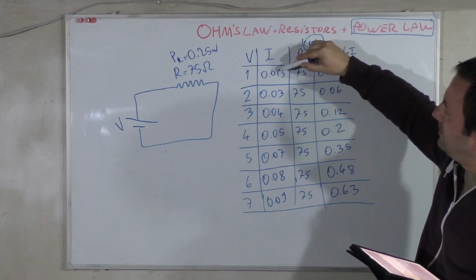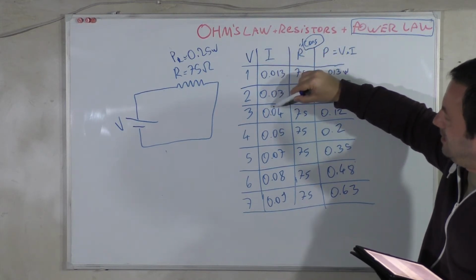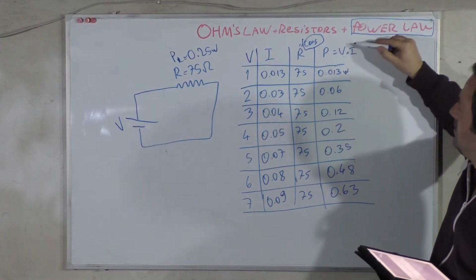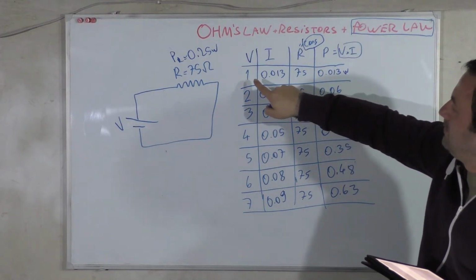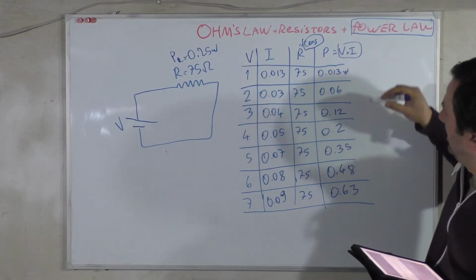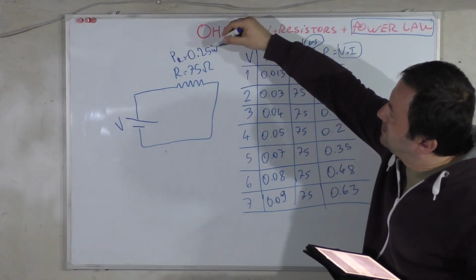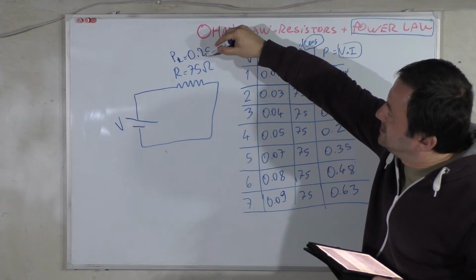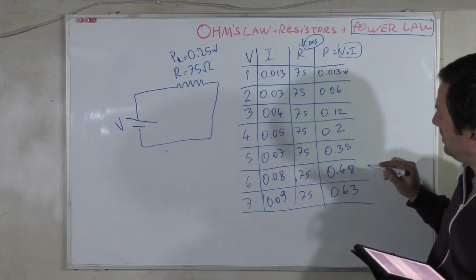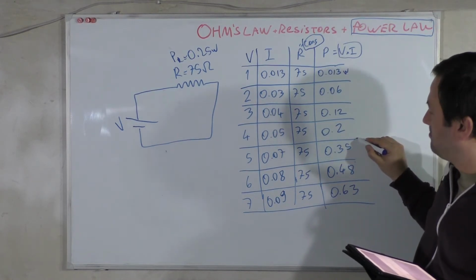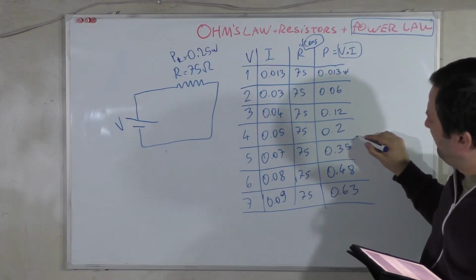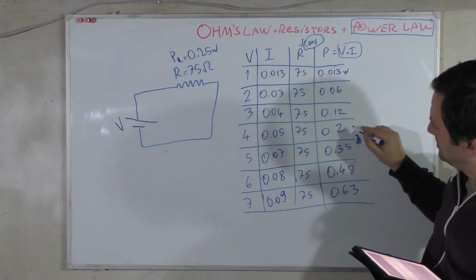So from Ohm's law I can easily calculate the current passing through it, and the wattage from the general power law, volt multiplied by current. As you see, our resistor has a 0.25 watt power rating, so it will fail, it will not do its duty between 4 and 5 volts, as you are seeing here, because 0.25 is between those values.